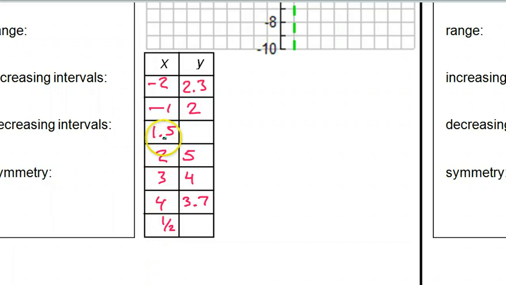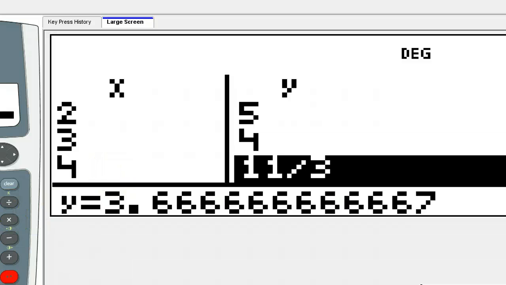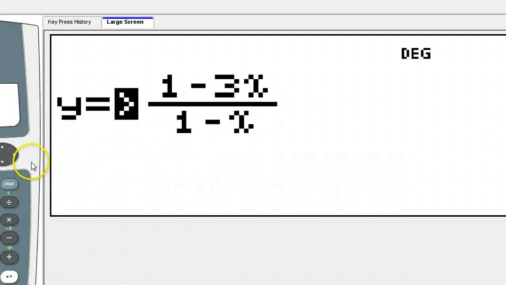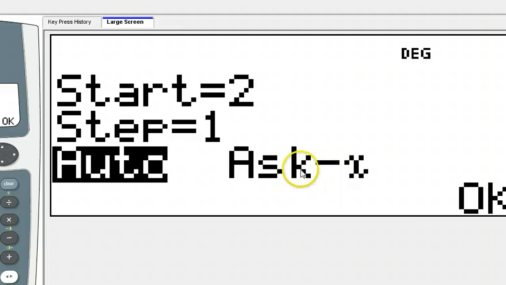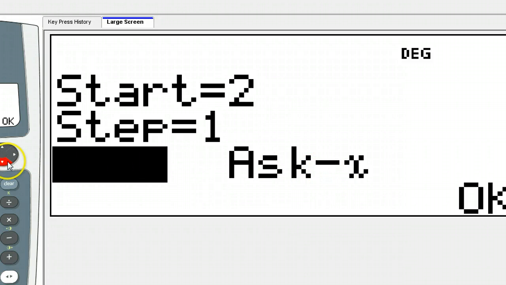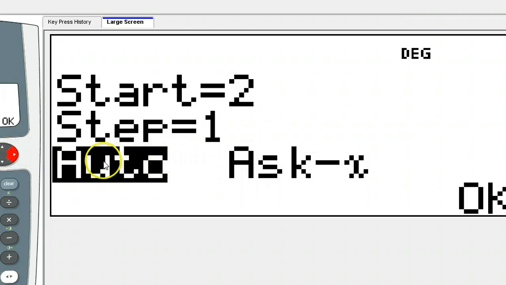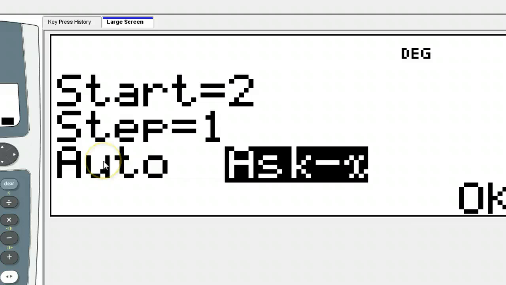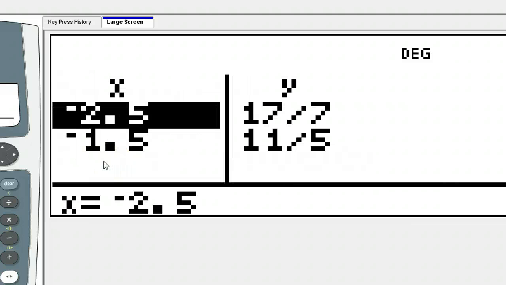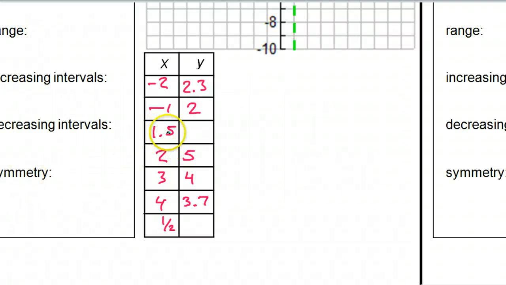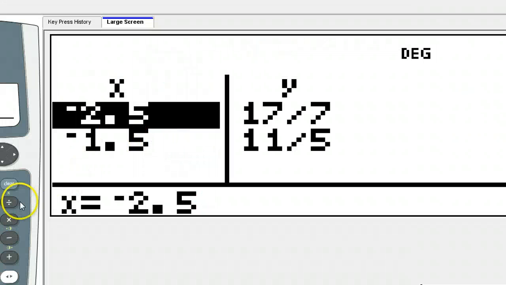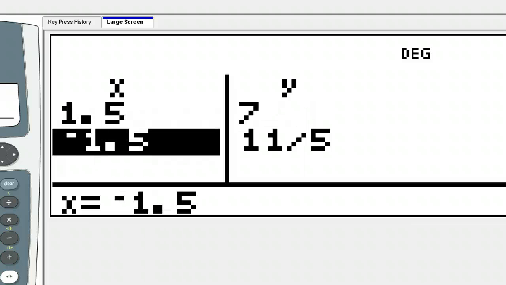So how will I get the fraction and the decimal? Well, hit your table button again, come back to here, hit enter. I would recommend using the Ask X feature. So I'm going to go down here, but instead of choosing auto, I will choose Ask X. Now what that does is I can type in whatever I want. So if I want to do 1.5, I will just type in 1.5 and hit enter.